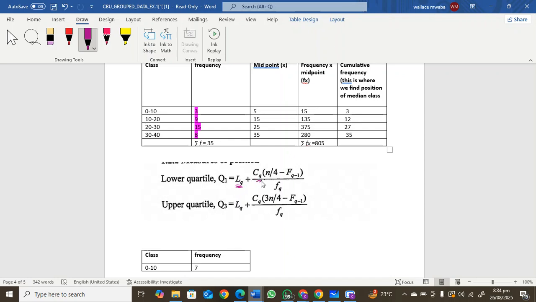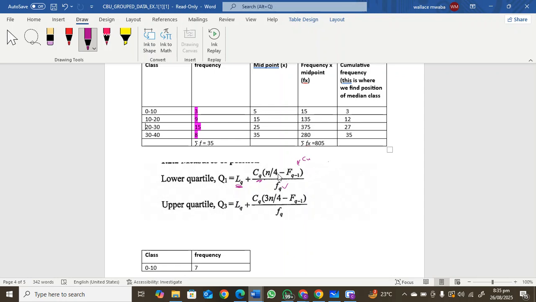CQ is the class width of the quartile class. FQ is the frequency of the quartile class. F(Q-1) is the cumulative frequency before the quartile class.